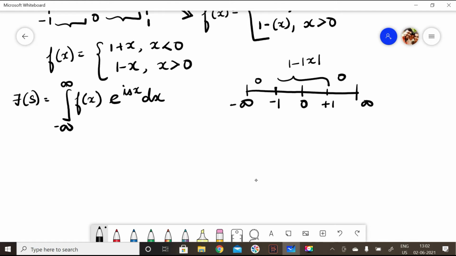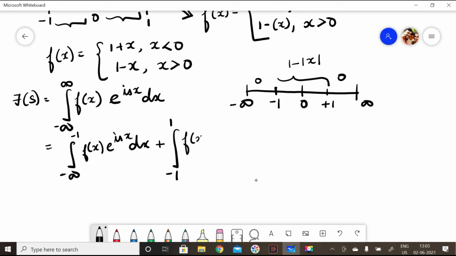Which means the limit is minus infinity to minus 1 f of x e to the power isx dx plus minus 1 to 1 f of x e to the power isx dx plus 1 to infinity f of x e to the power isx dx.